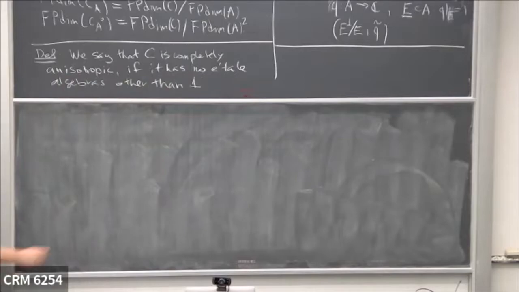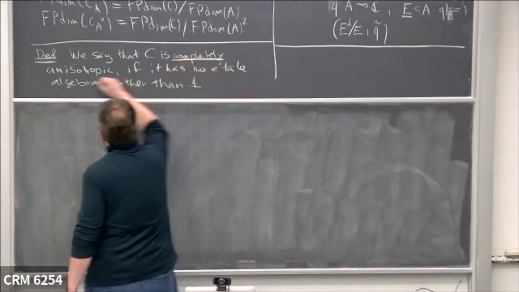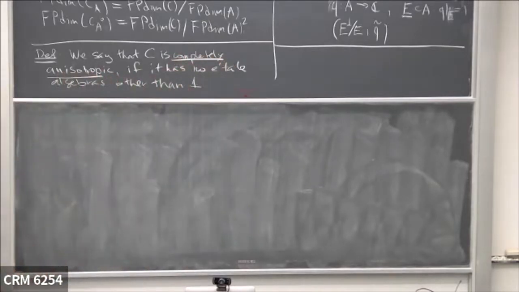Okay, now how can we obtain such a category? Well, we do something similar to what we did when we extracted the core of a braided fusion category.